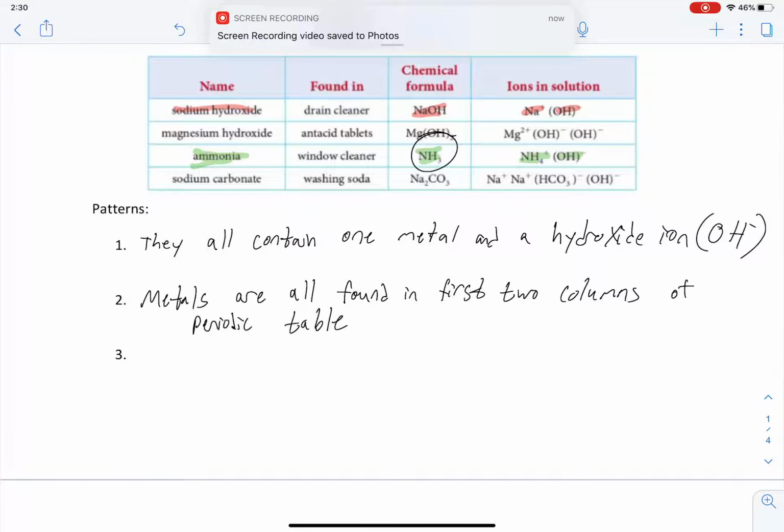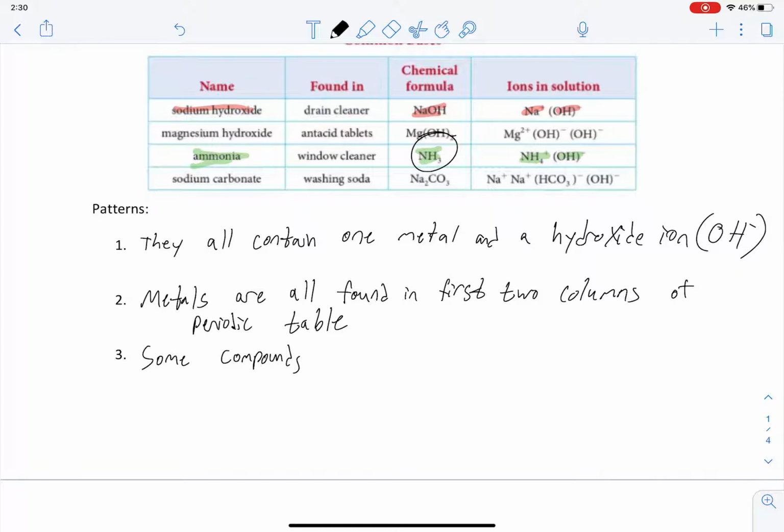But that's going to be one of our patterns: some compounds, such as ammonia and sodium carbonate, which is found below here, when dissolved, form OH minus ions in the solution.